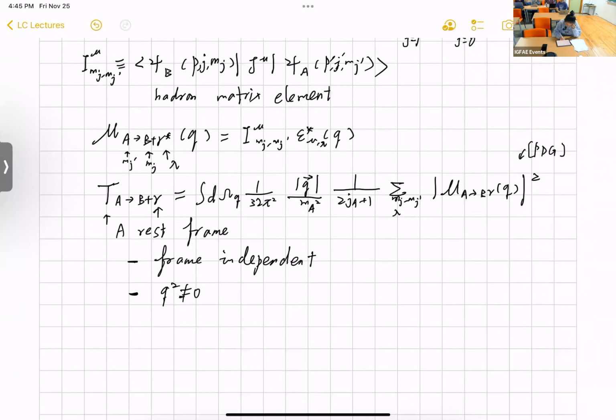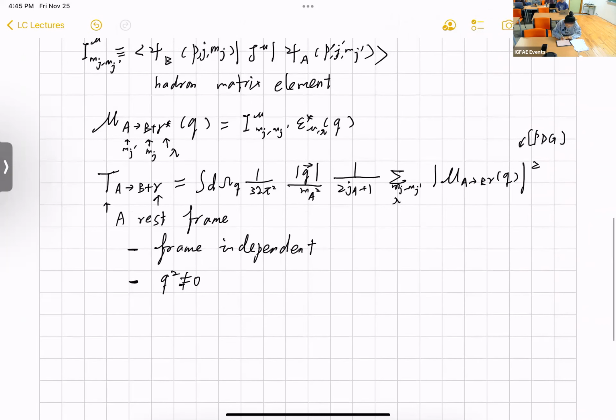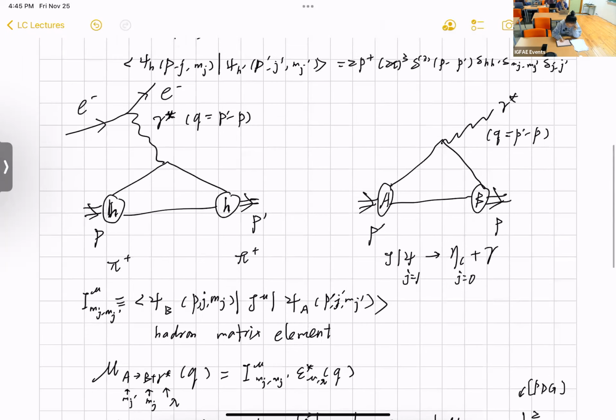What we want to know is actually the internal structure of the meson, and it should not depend on the frame, right? And we also want more information when Q squared is not zero. To achieve those purposes, the study of form factors comes in. For this process, when the meson does not change, that's the elastic form factor. And for this transition process, the form factor is the transition form factor.